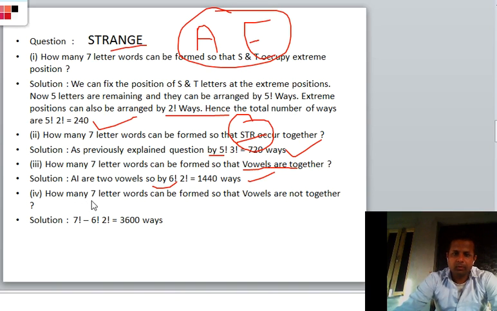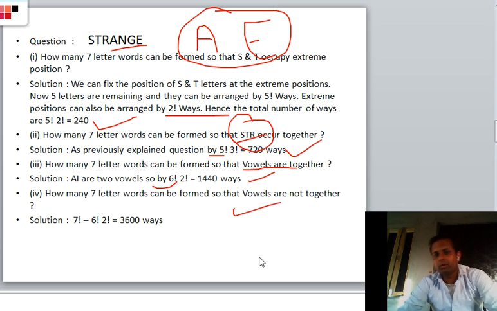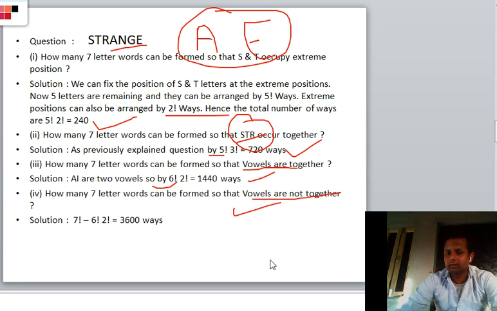Come to question number 4. They are asking how many 7-letter words can be formed so that the vowels are not together. In the previous question, we found the number of words in which the vowels are together. Now we have to find the words in which the vowels are not together. How can we find it? We can take the difference of the total number of words and the words in which the vowels are always together.